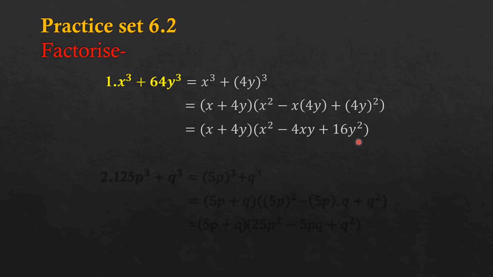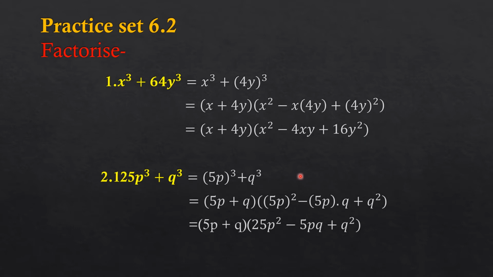This is the answer. Then second example, 125p cube plus q cube. Now we can write 125p cube is equal to (5p) whole cube plus q cube is equal to, in one bracket 5p plus q, in second bracket (5p) square minus 5p into q plus q square, that is square of the first term, product of the two terms with minus sign, and square of the second term.